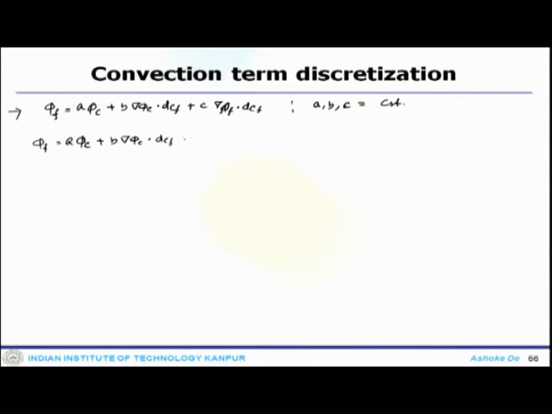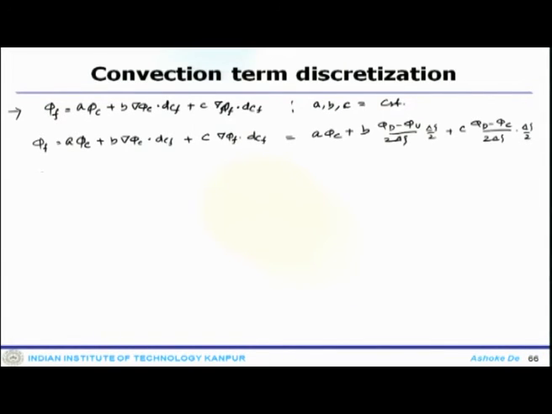So, now what we will do first: A phi c plus b delta phi c dot d c f plus c delta phi f dot d c f, which one can write as A phi c plus b (phi d minus phi u) by 2 delta xi by 2 plus c (phi d minus phi c) divided by 2 delta xi by 2.